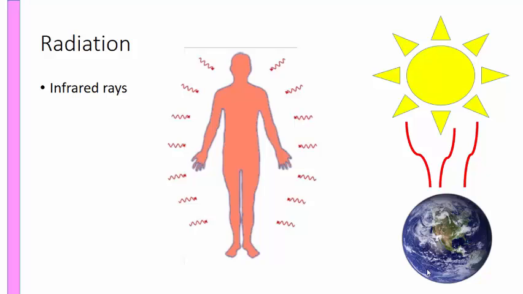So if it's 150 degrees outside, my body is lower than 150 degrees Fahrenheit, so I'm actually going to take in some heat. I'm not going to lose any heat. So you have to be careful about this. If you are exercising in a really hot environment, then you might actually be gaining heat rather than losing heat.